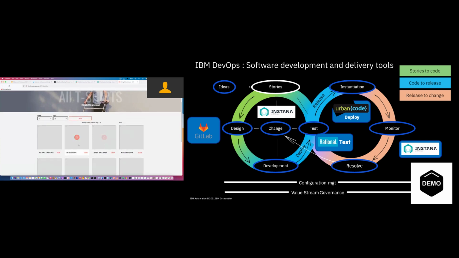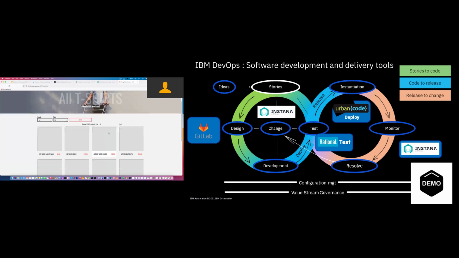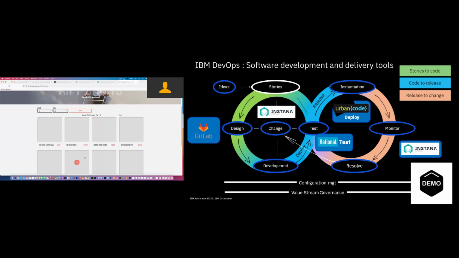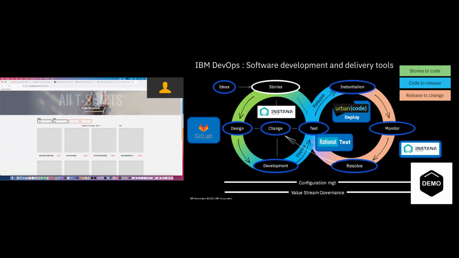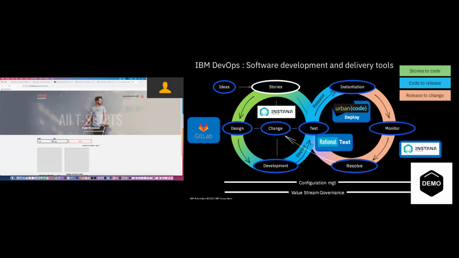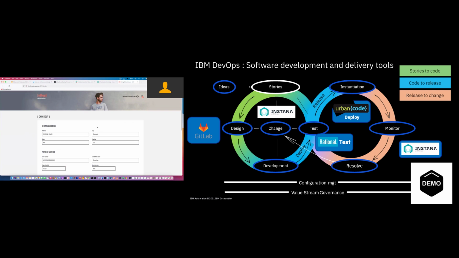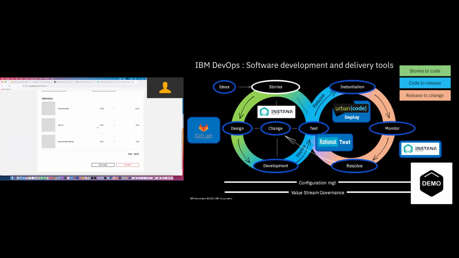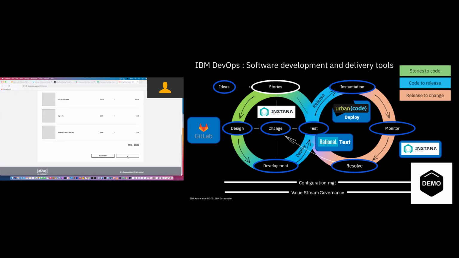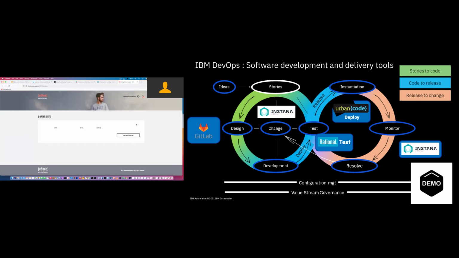Let's just add a couple of items to our cart. Yeah, it looks like this feature is working okay for us, and I can actually filter on different things if I want to. Let's add this as well. Okay, we have 3 items in our cart. I'm just going to go quickly here and see if I can check out properly, provide my shipping address and my order details. Let's place the order and verify that it's being submitted.